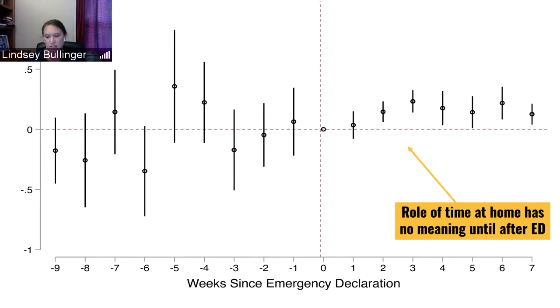For each additional 15 minutes that a set of devices in a county stays at home, there's about a 1% increase in the number of child abuse and neglect referrals that county will receive. But again, that relationship is totally non-existent outside of the context of the COVID-19 pandemic.